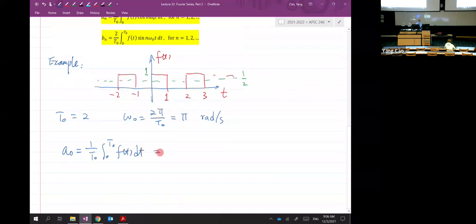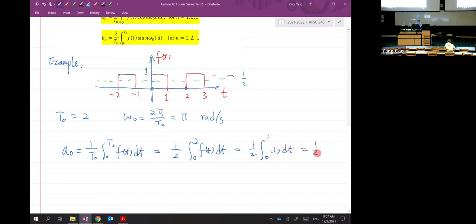Here's the formula for calculating A naught, and T naught is already identified as 2. You're integrating f of t from 0 to 2, so you look at the graph and integrate from here to here. Within this range, f of t only exists between 0 and 1, so your integral is technically only from 0 to 1, and within 0 to 1 the value of the function is 1.